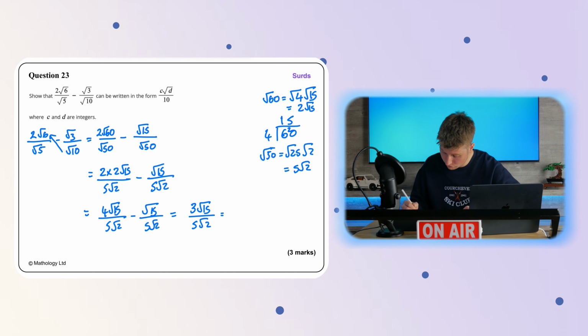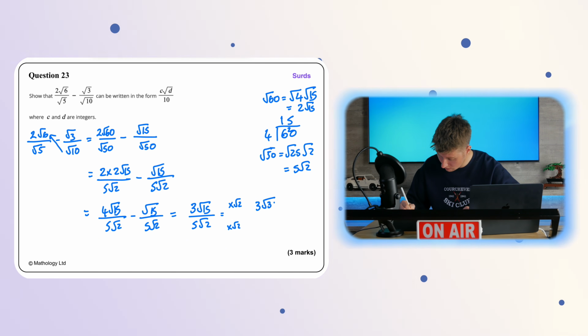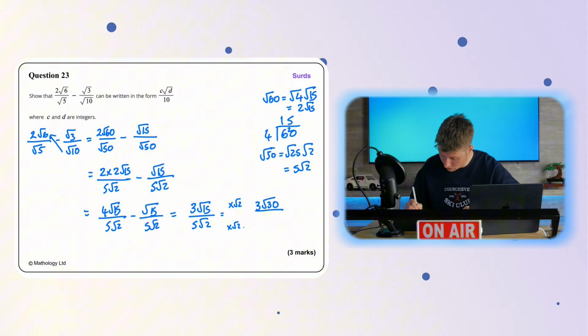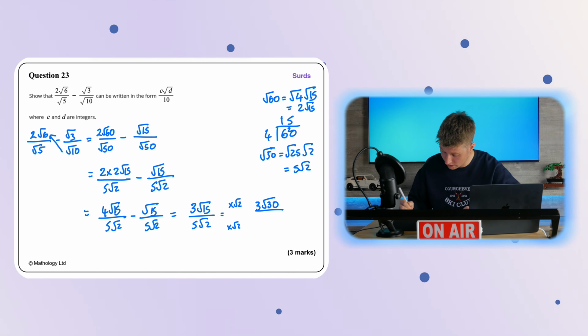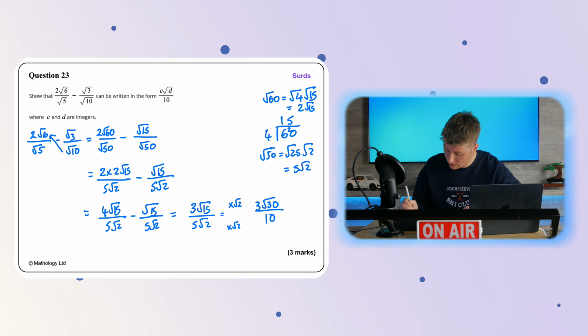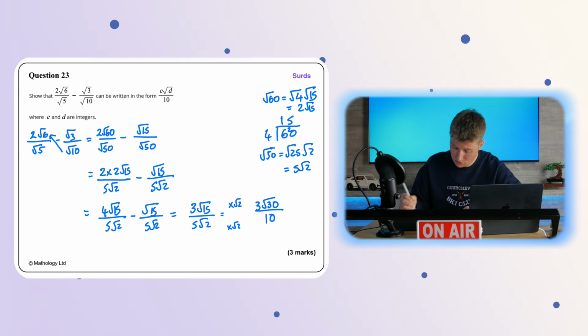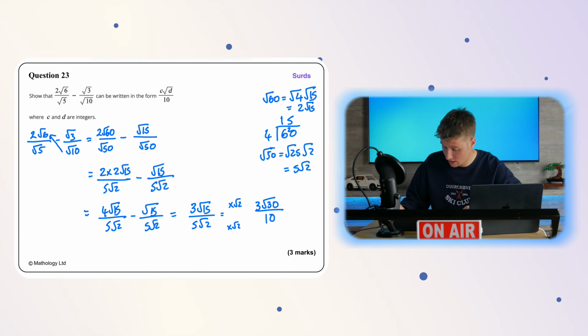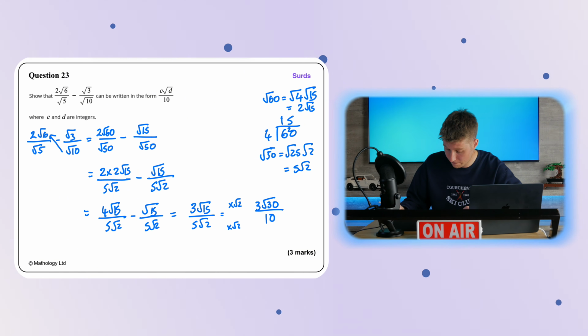We need to rationalize this denominator, so we times the top and bottom of the fraction by root 2 to give us 3 root 30 over root 2 times root 2 is 2, times 5 is 10. So the final answer is 3 root 30 over 10, and that matches what we expect to see for the denominator at the start of the question.